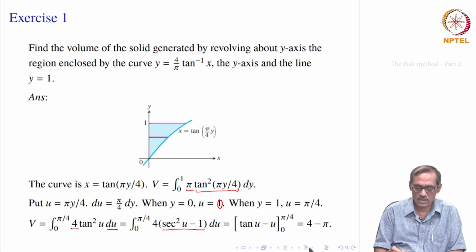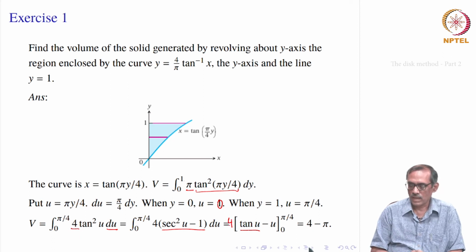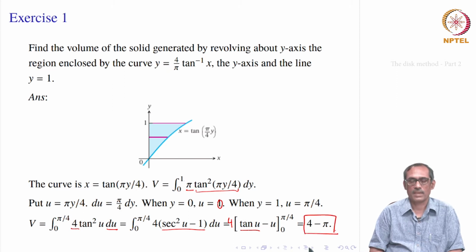We just rewrite tan square u as secant square u minus 1, because we know the integral of secant square will be tan. That gives you tan u for secant square u, and 1 becomes u, from 0 to pi by 4. So, you have a 4 here, that constant, and that when simplified gives you 4 minus pi. Fine.